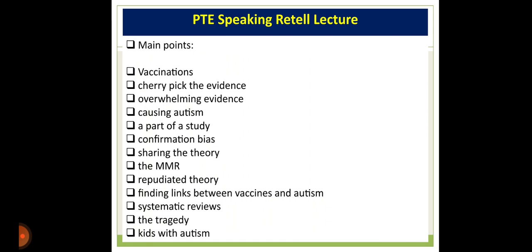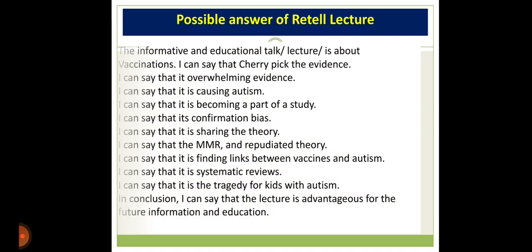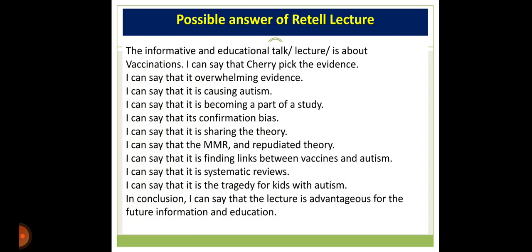So now we will see again how these words can be used with a template. So here is the template. The informative and educational talk and lecture is about vaccinations. I can say that cherry pick the evidence. I can say that it's overwhelming evidence. I can say it is causing autism. I can say that it is becoming a part of study.